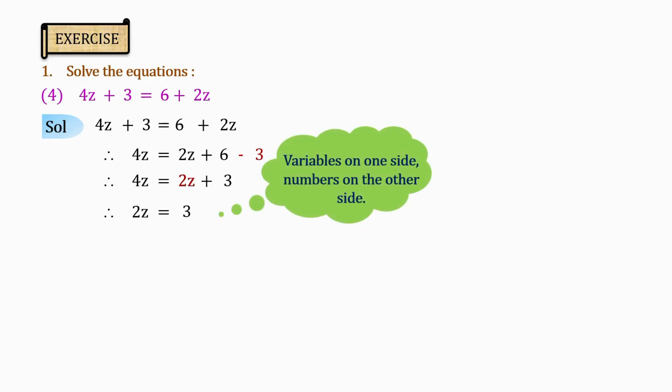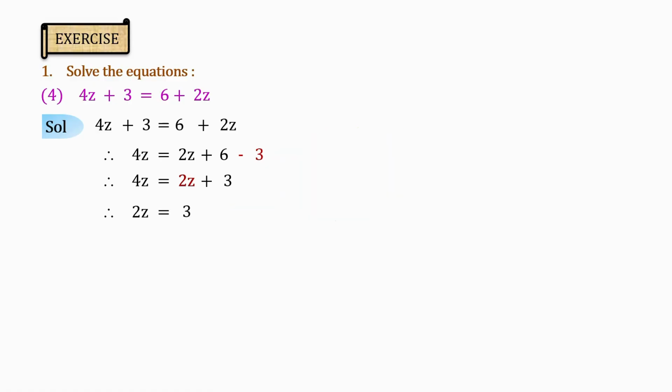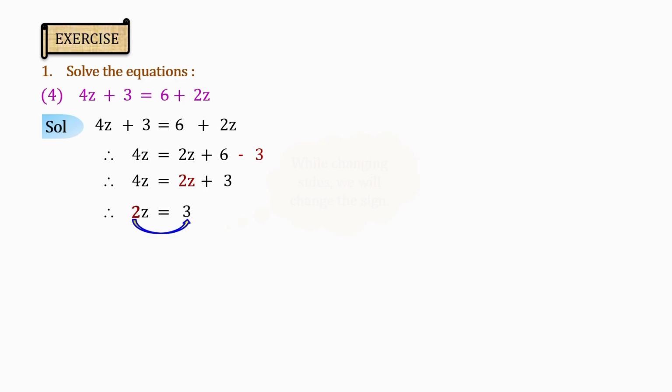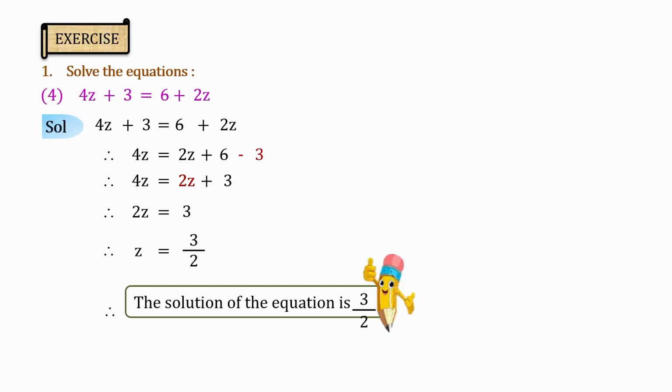Now we need to shift 2 to the other side and that will be divided on the other side. So the final answer we got is z equal to 3 by 2. So the solution of the equation is 3 by 2.